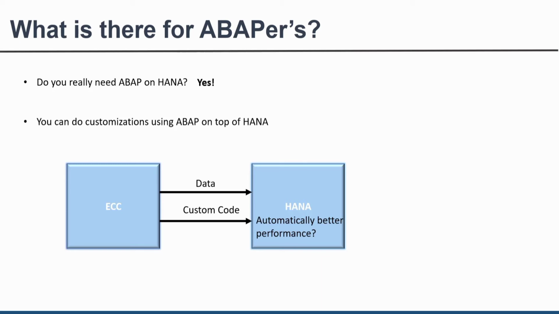That means your custom code should run automatically with better performance on top of HANA. But does this happen in reality? No. In reality, sometimes your custom code might get better performance, but most of the times it runs with poor performance. The question is why it happens so.